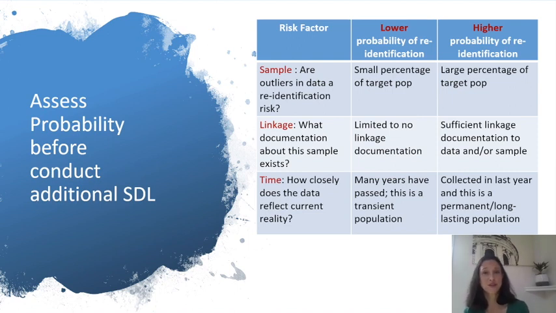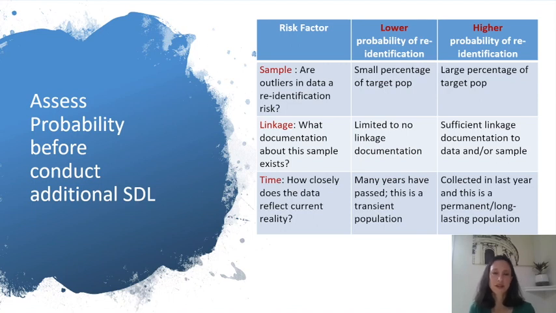Now, if you're working in the U.S. and you're sampling a population in the U.S., you're working in a population where there is a significant amount of linkage documentation about the population. And as Sweeney proposed in 2000, 87% of the population could be re-identified by just those three characteristics. So again, it's context specific, but really understanding what linkage documentation exists for your sample.